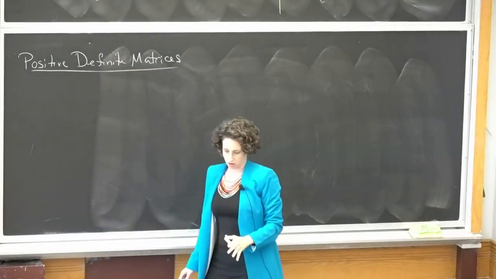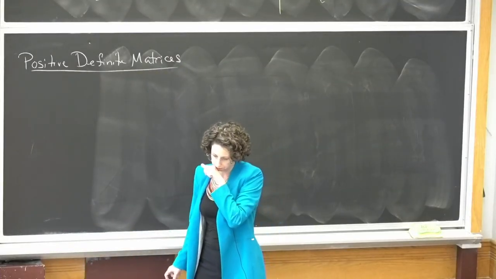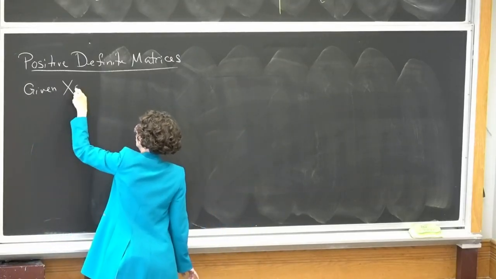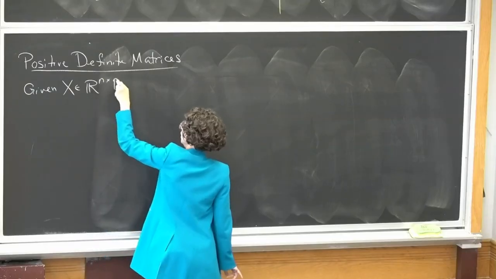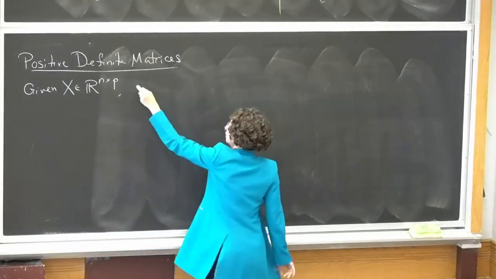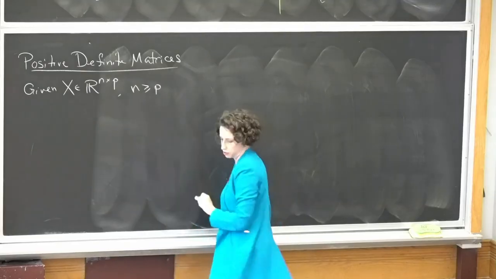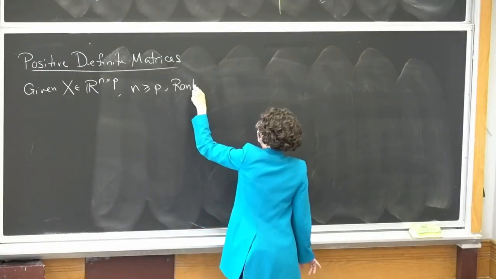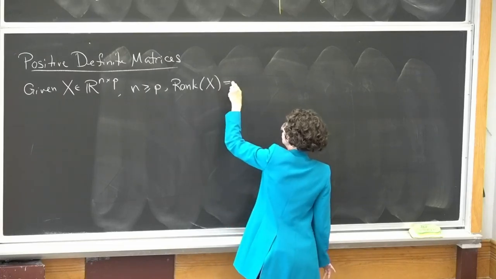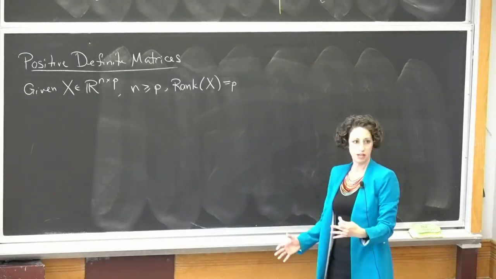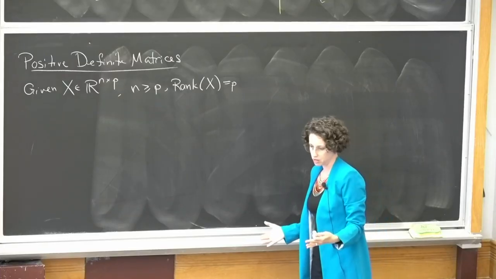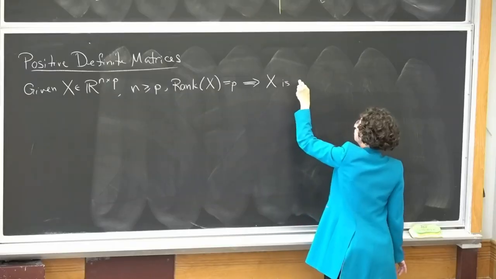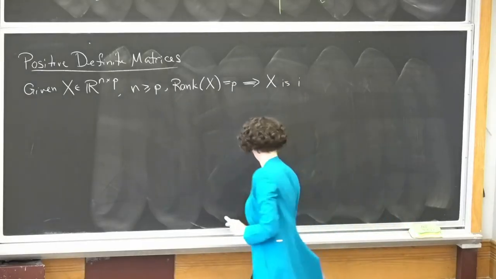And this is important because if we have a matrix X that is n by p, where n is greater than or equal to p, and the rank of X is equal to p, so X has p linearly independent columns, then we know that X transpose X is invertible.